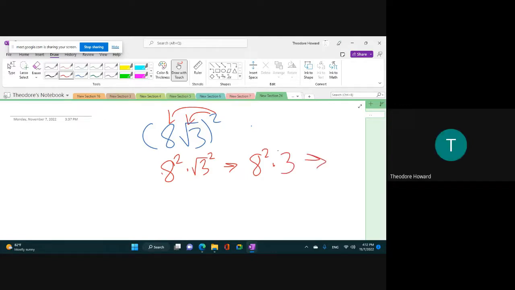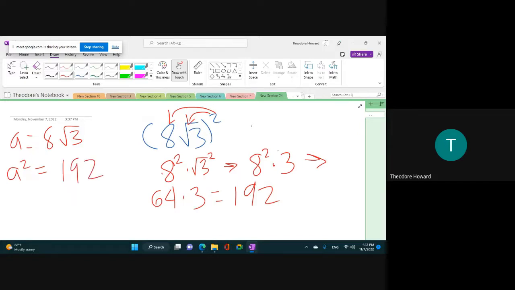Nicely done. What's 64 times 3? 192. All right, let me erase this so I can get that final answer. It's 192. Boom! You just figured it out. So if I was to say a was 8 square root 3, then you know that a squared is 192. Bam! That's it.